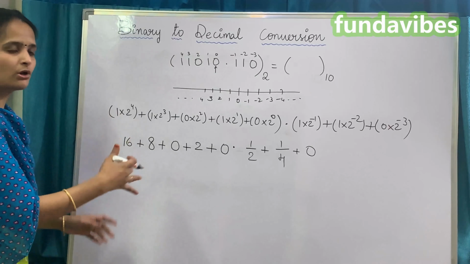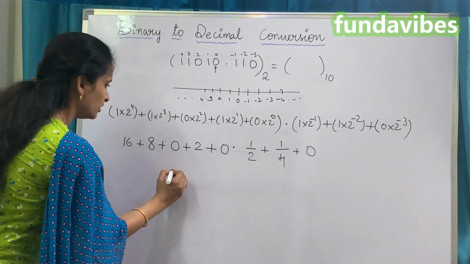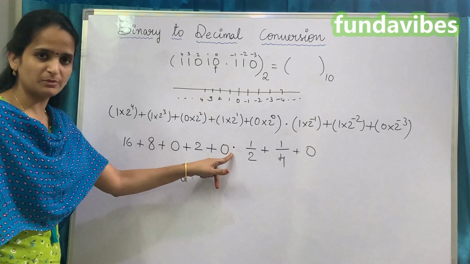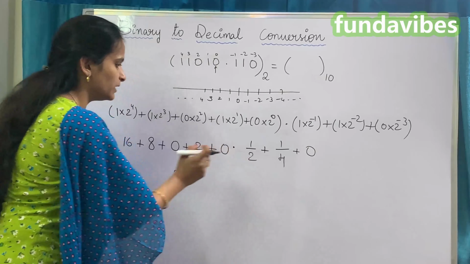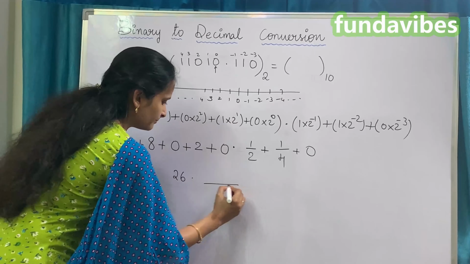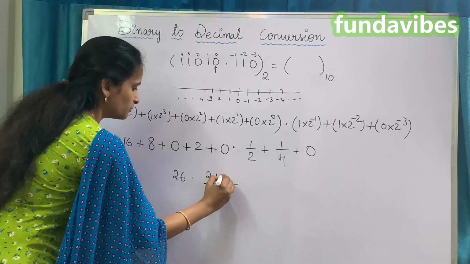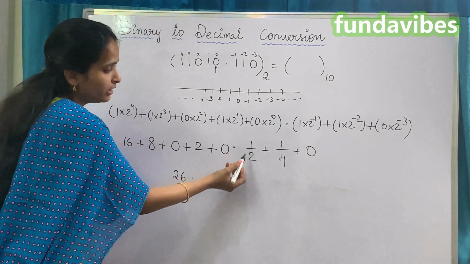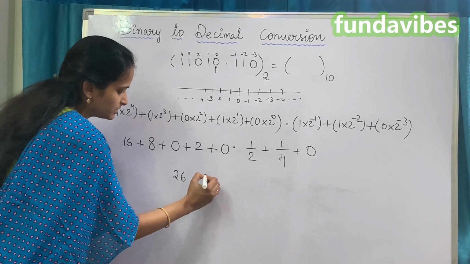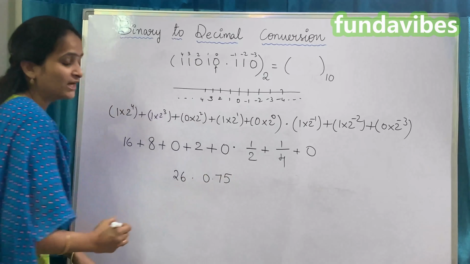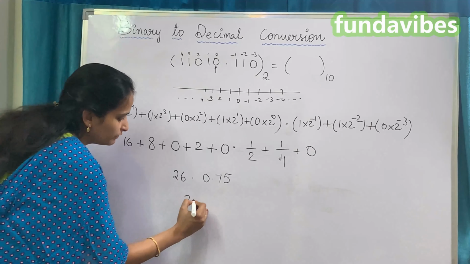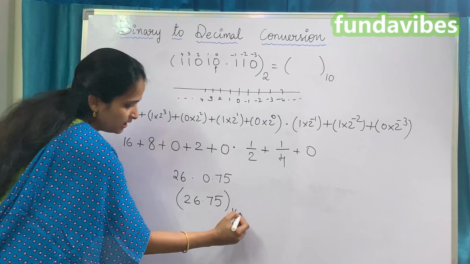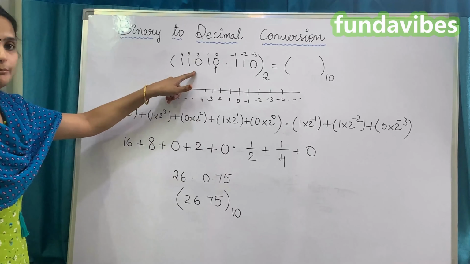And if we continue to solve this, the LHS value, the left hand side of the decimal point, will be 26, and after the decimal point 1 by 2 plus 1 by 4, that is 3 by 4, which is 0.75. The value will be 0.75. So the total value will be 26.75. This is the final decimal number for the given binary number.